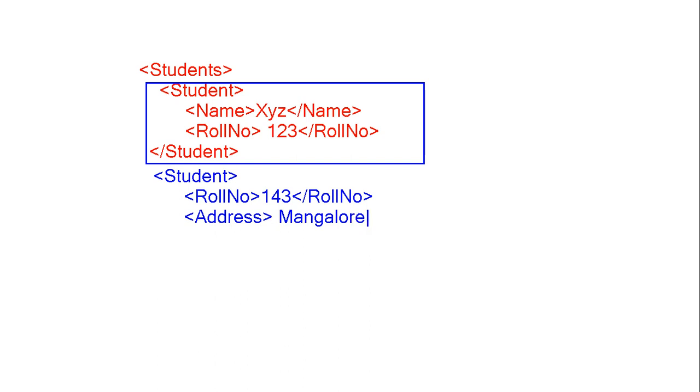Mangalore is the address. Then I have slash student. Finally I'm going to close it with one more thing, maybe in red color. Students.